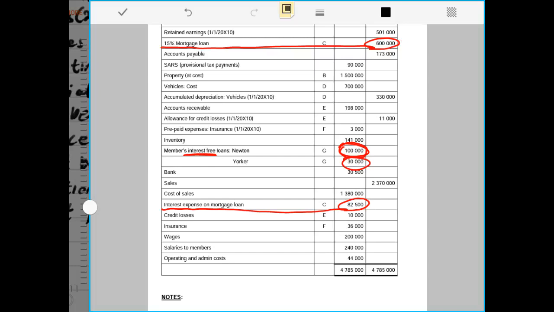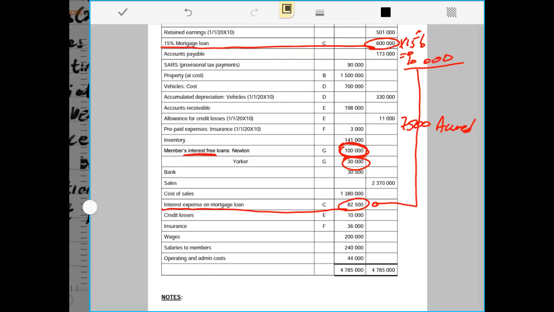And if we say times 15% here, we get an amount of 90,000 rands. So now we're supposed to pay interest of 90,000 rands, but we only paid 82,500 rands. That means the difference between the two will be an accrued expense of 7,500, which is accrued interest expense.